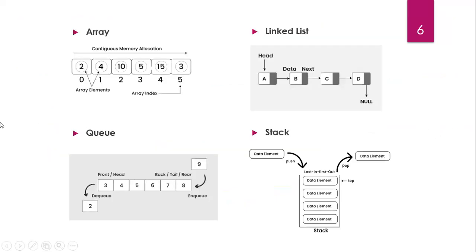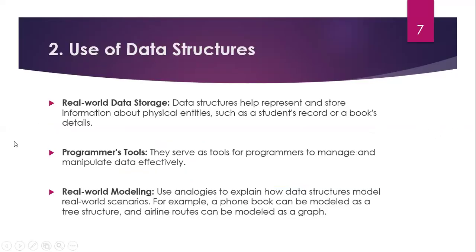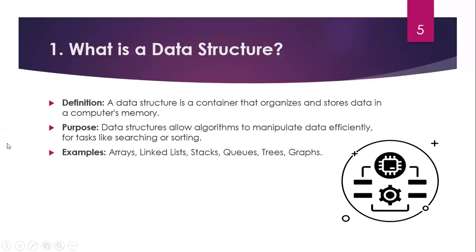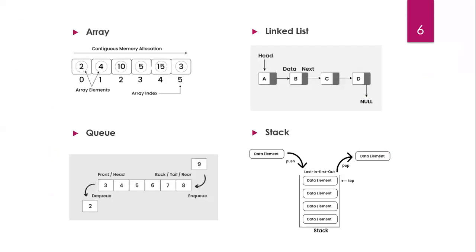Let's move on. I will explain the examples that we mentioned here: array, linked list, stacks, queues, trees and graphs. Here you can see this is an array, this is a linked list, and here are the queue and stack.